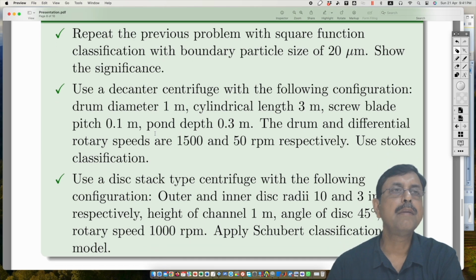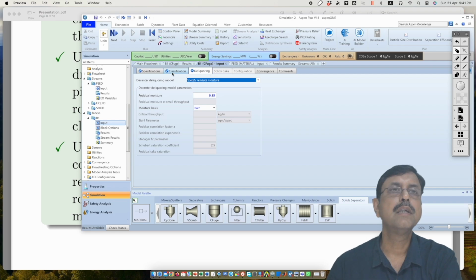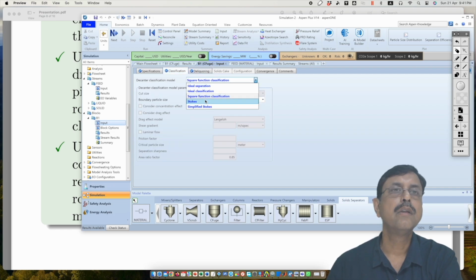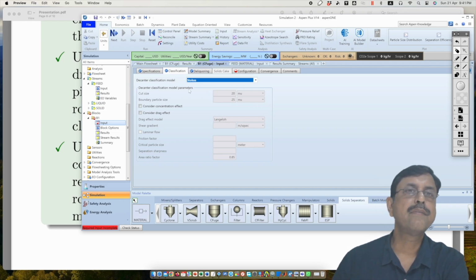Now, the next problem is a decanter centrifuge with the following configuration. It is using Stokes classification, right? So we have to use Stokes classification, and the moment we use it, the configuration has to be given.